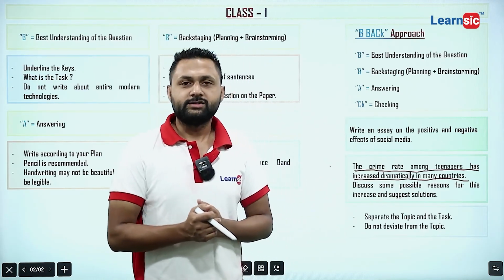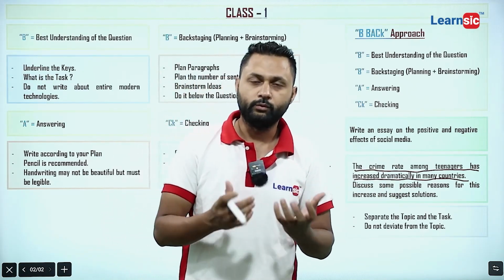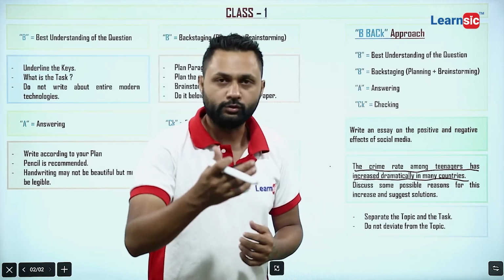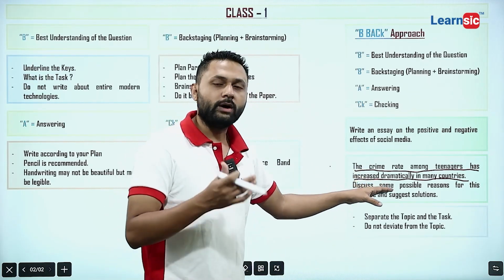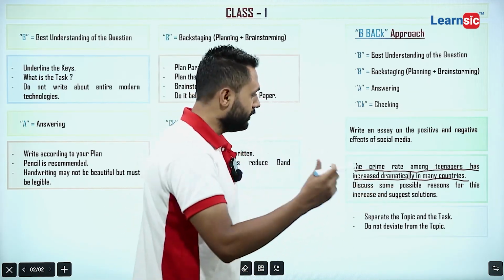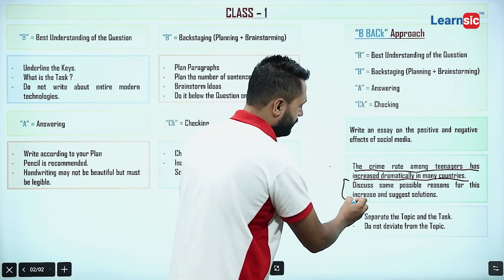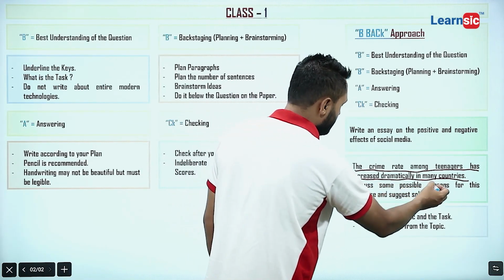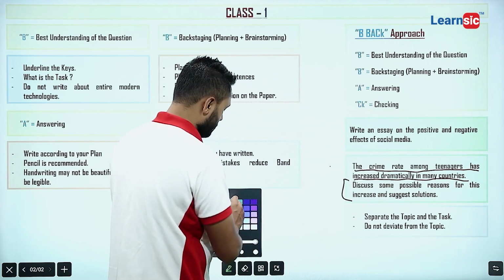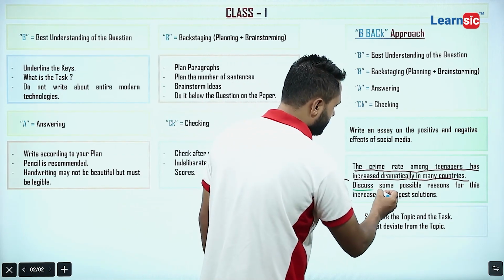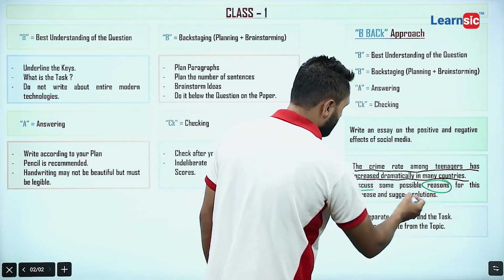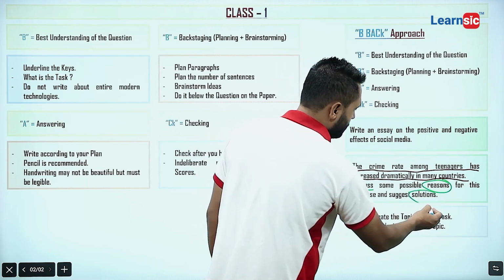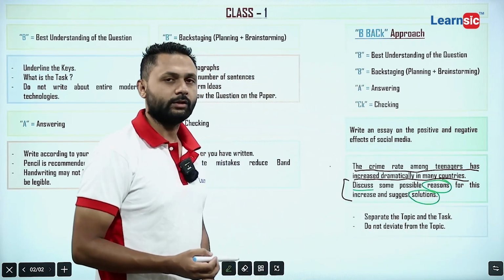And task means work, means something you have to do. In this essay, what do you have to do? You have to do this. You have to discuss some possible reasons for this increase, and you also need to suggest solutions.